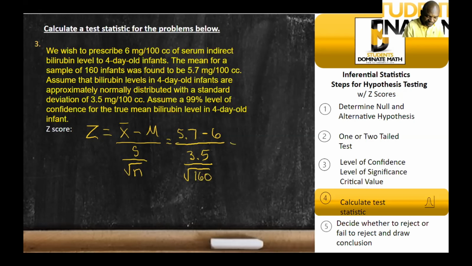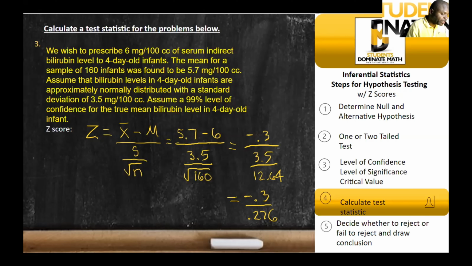All right, so we have negative 0.3. Let's divide 3.5 by the square root of 160. That's 12.649. So what we end up with here is negative 0.3 divided by 0.276, and let's divide that out.